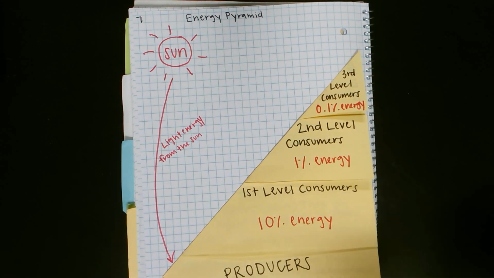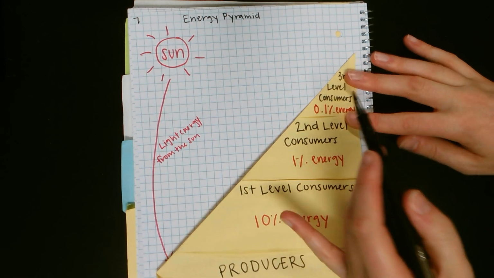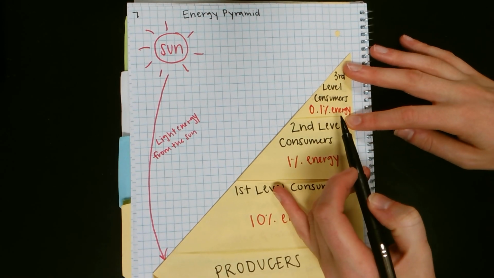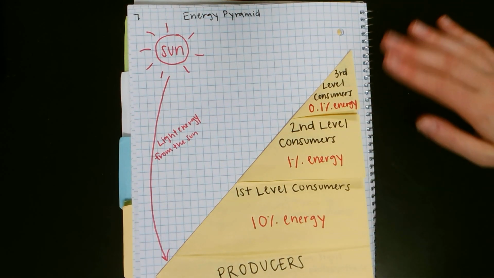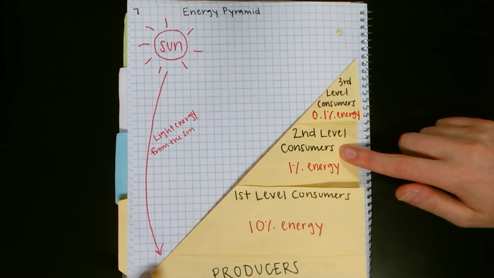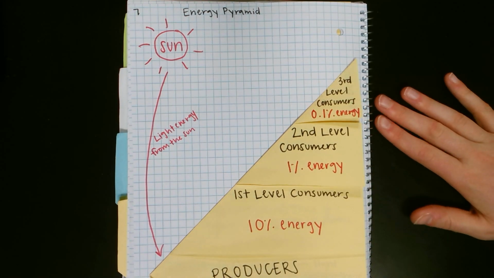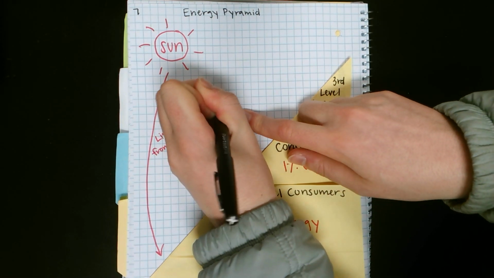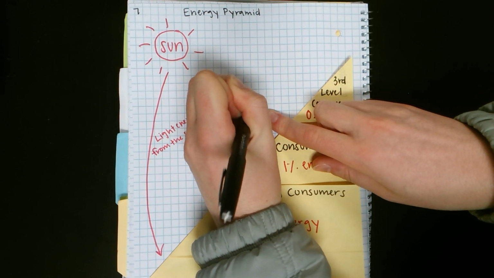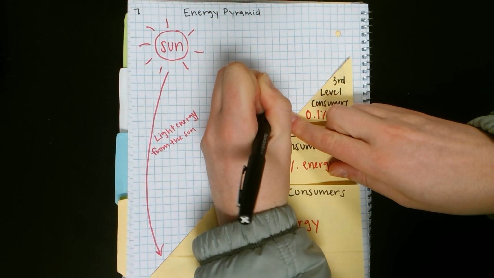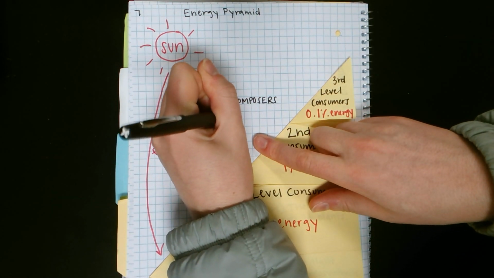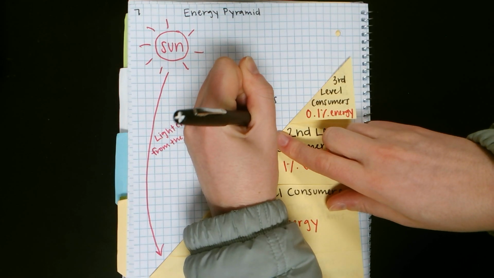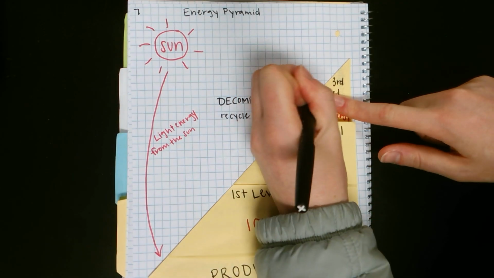And then the second thing we're going to add in today, our last thing, is what happens to this energy. Even though it's not that much percentage-wise of energy, there definitely is still some energy, and we know that it cannot just disappear. So when that third level consumer dies, the decomposers, great, they break it down and they recycle energy, and that's from the third level consumer.